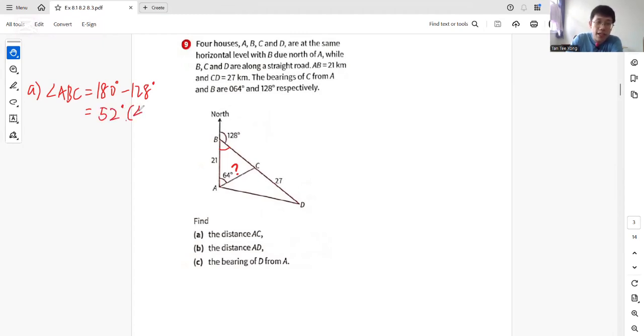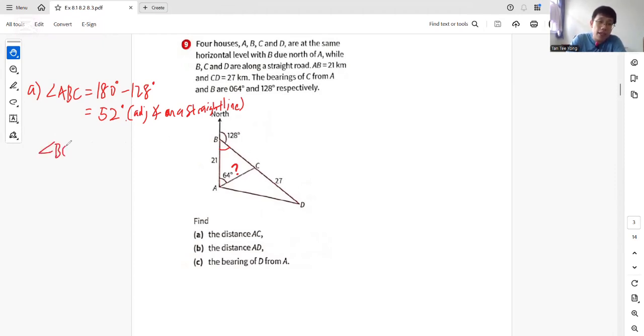This is because they are adjacent angles on a straight line.